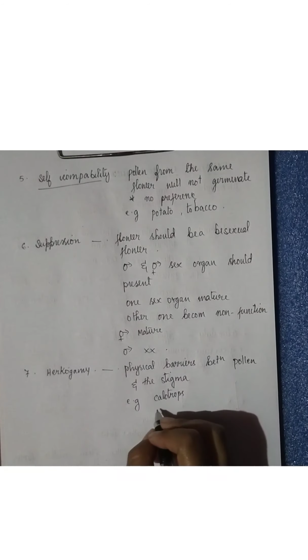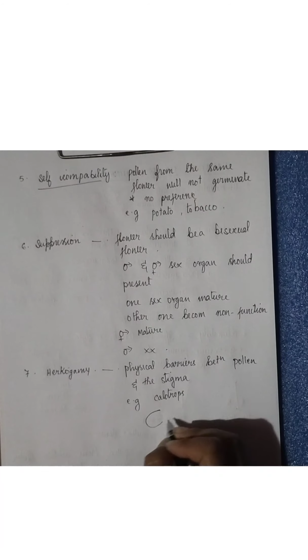We can see it in calotropis, where the pollens are present inside a sac-like structure.